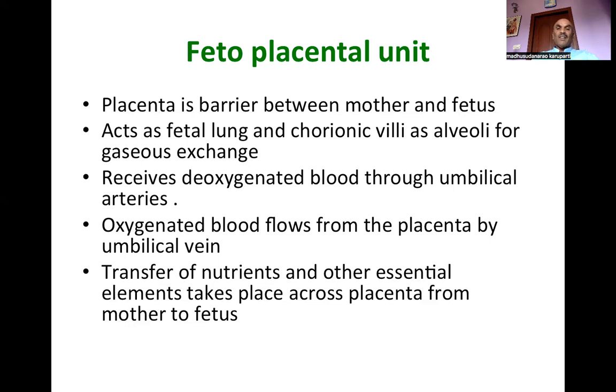The placenta receives the deoxygenated blood through the umbilical arteries, which are the branches of the internal iliac arteries. Transfer of nutrients and other essential elements takes place across the placenta from the mother to the fetus. After oxygenation, the blood from the placenta is taken by the umbilical vein to supply the fetal circulation.